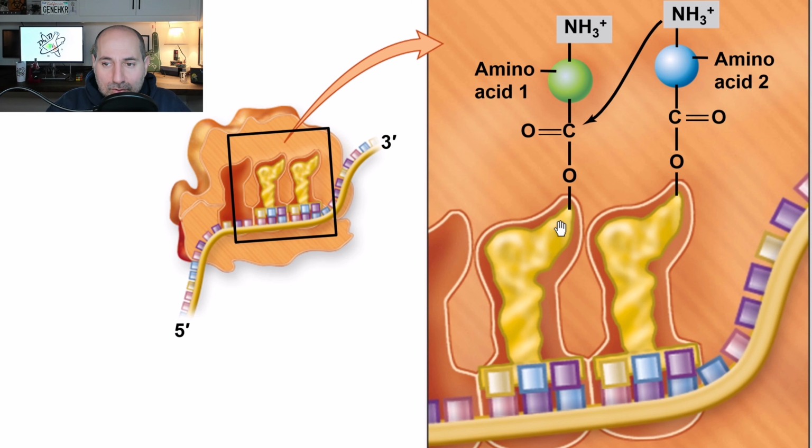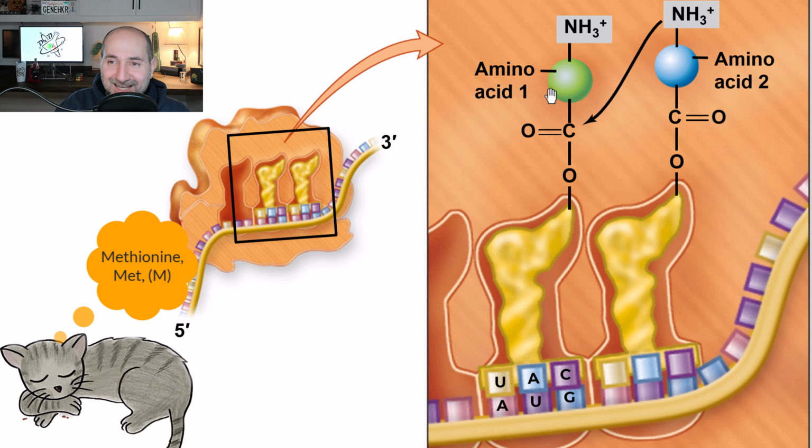So let's take a close look here. Take a look with me. Here you have the start codon AUG, which remember binds to the start tRNA or the initiator tRNA, which has the anticodon UAC, and it would be bound to which amino acid? That's right, methionine, M-E-T, methionine.